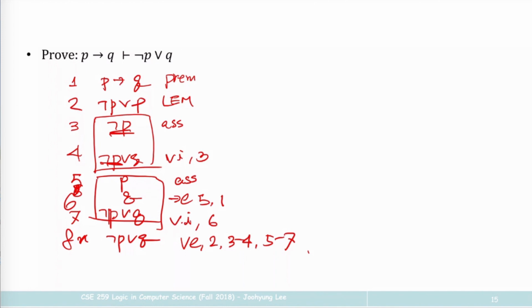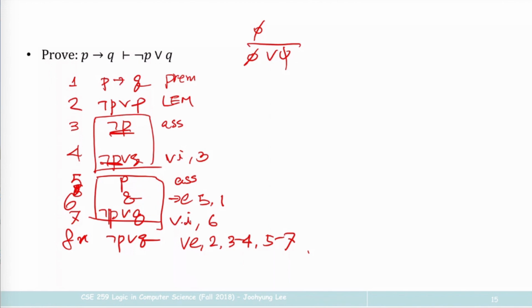The or introduction rule says that if you know one of them is true, then you can make this. You don't have to know whether psi is true or false. Doesn't matter. So not P is assumed to be true in the box. So in the box you can say not P or something. That is fine. Okay, question?